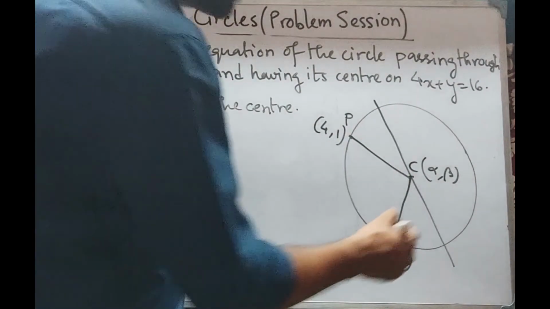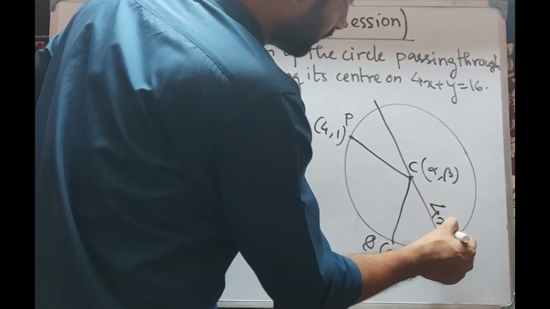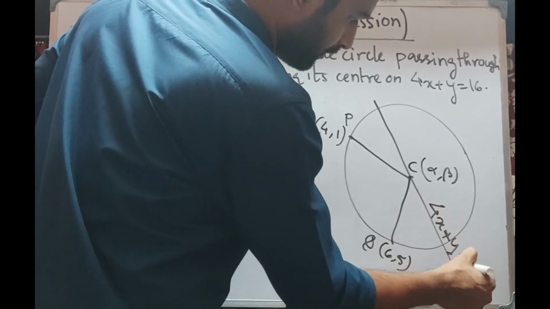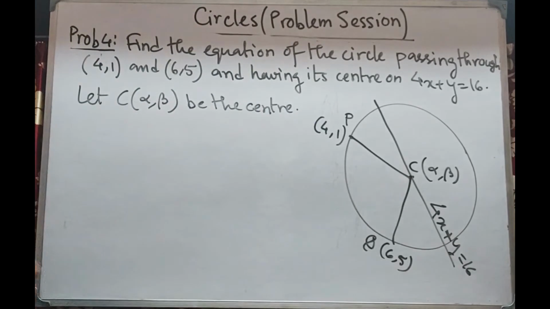So let me write the equation here. This will help you understand. This is the equation. So alpha beta is also lying on the straight line, so it will satisfy the equation. So ultimately we have 2 equations in terms of alpha and beta, so we can easily solve them simultaneously and find the values of alpha beta.